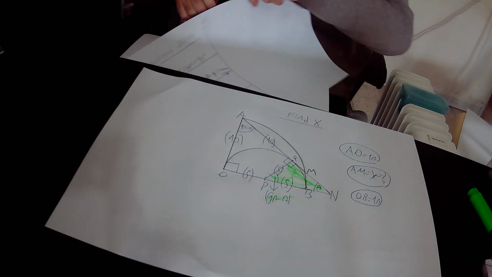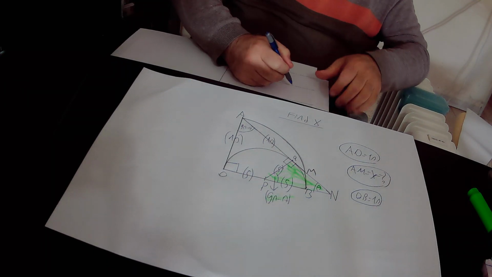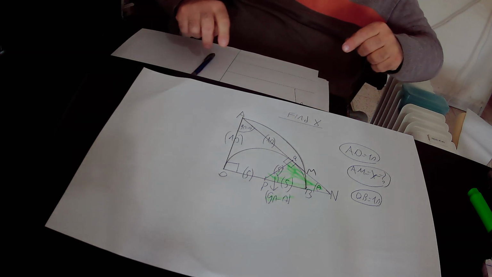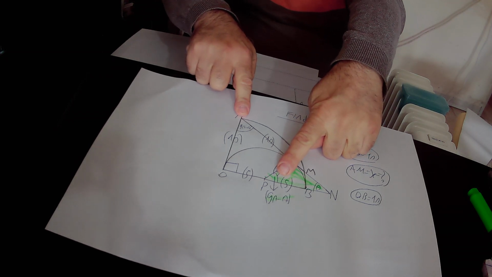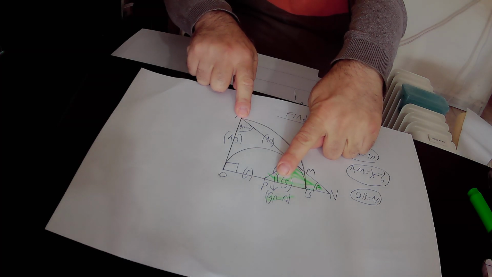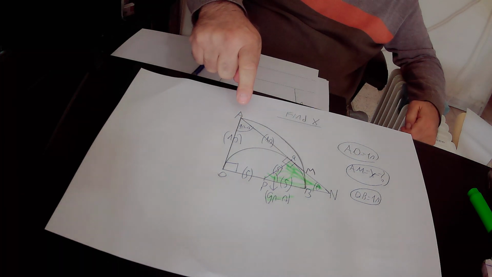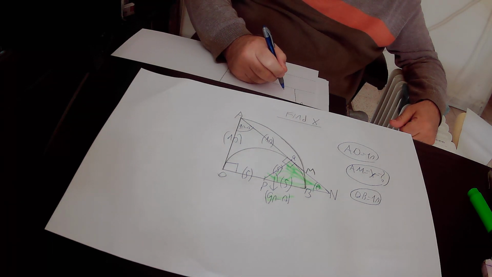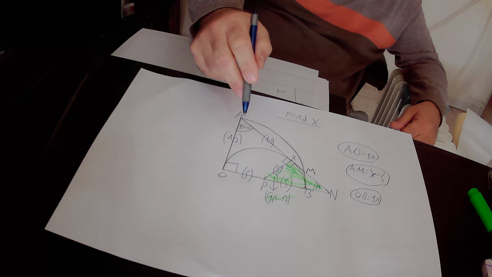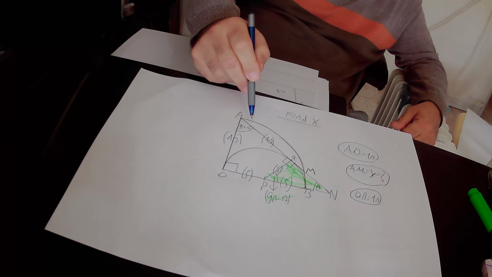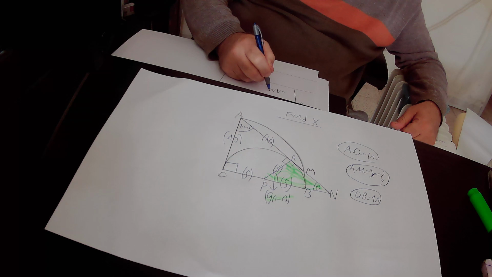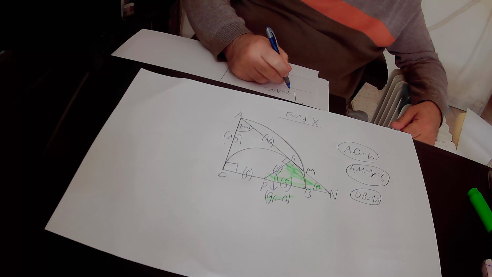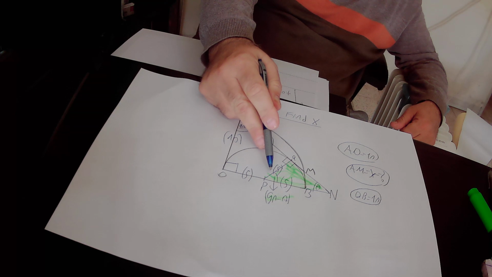And finally, those two angles are both equal to 90 degrees minus theta, therefore they are equal to each other. This is angle OAN in the big right triangle AON, and it equals this angle in the green triangle, that's actually angle QPN.